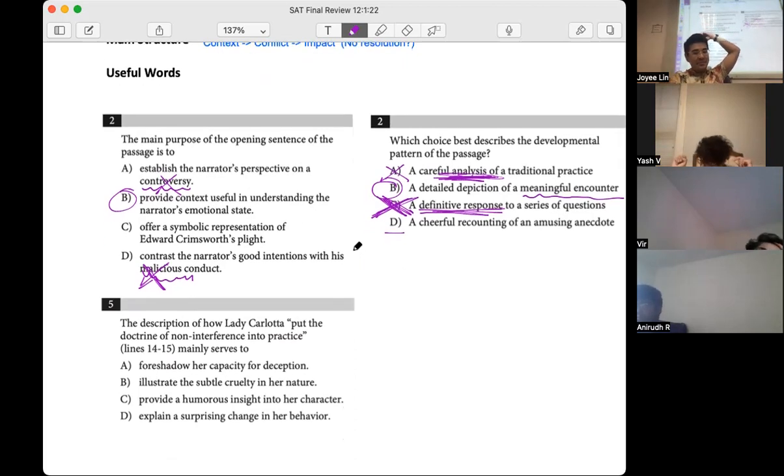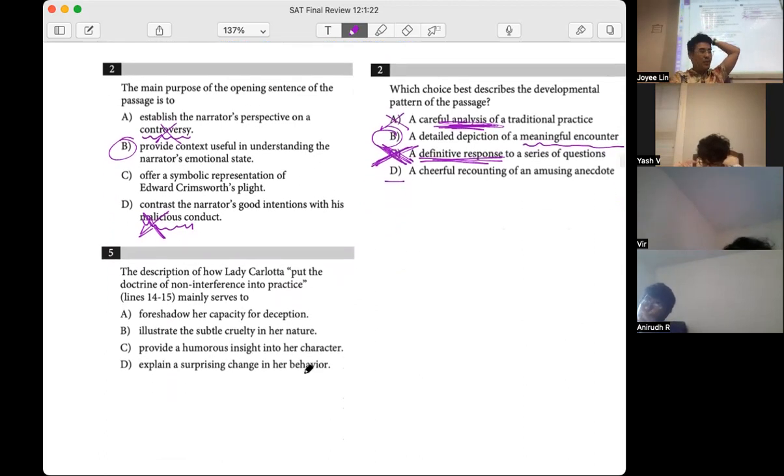And then if we go to a British passage, this is from a British passage. What's the magic word for British passages? Humor. British passages are all about the irony, the incongruity of human behavior. We have words like cruel.